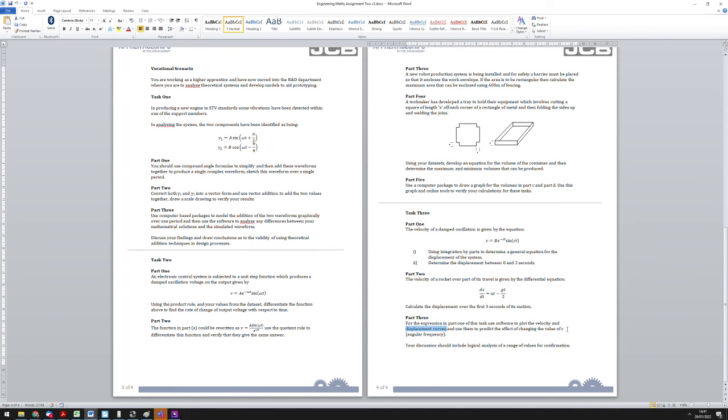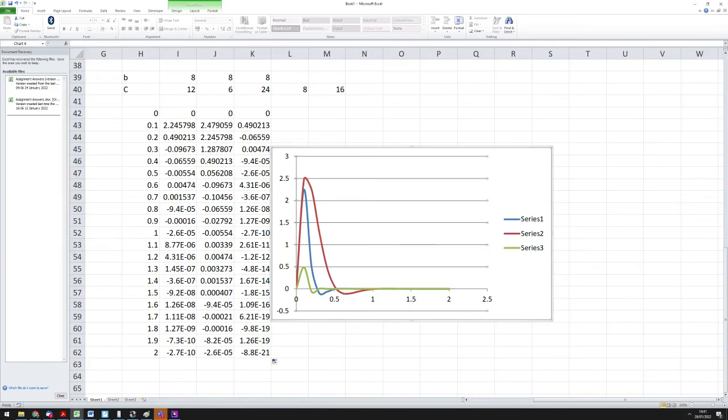Predict the effective change in the value of C. So from your curves you can then predict what the effect of quadrupling C would be. Yep.